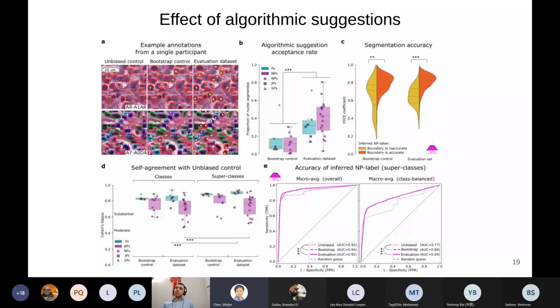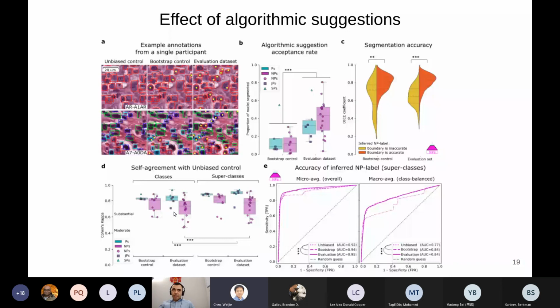Do you have that? That's a good point. We didn't compare the inter-rater variability head to head. Actually, we did look at it, but I can look for that data afterwards. What we did compare is the same person compared to themselves when they're not seeing suggestions versus when they're seeing suggestions.